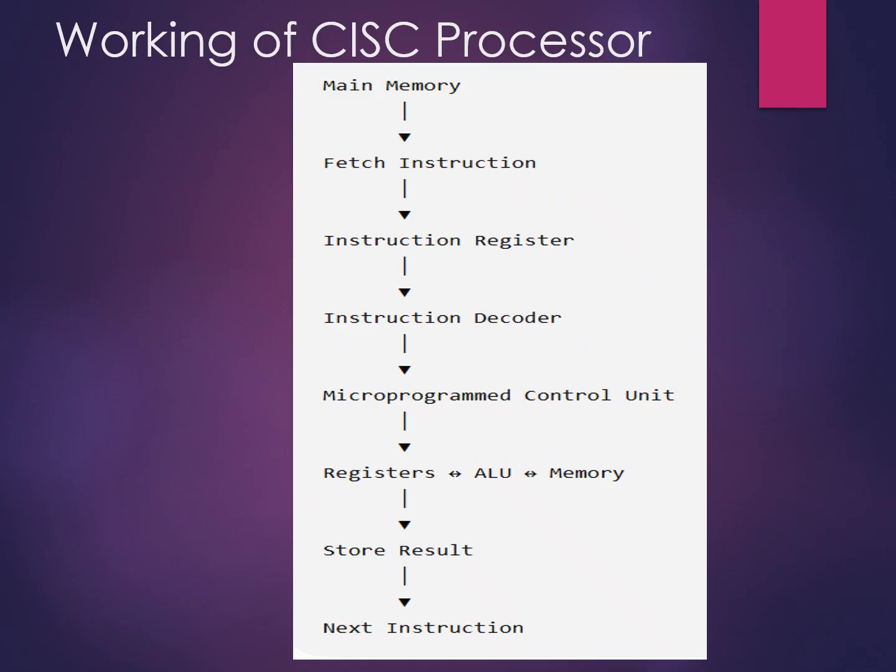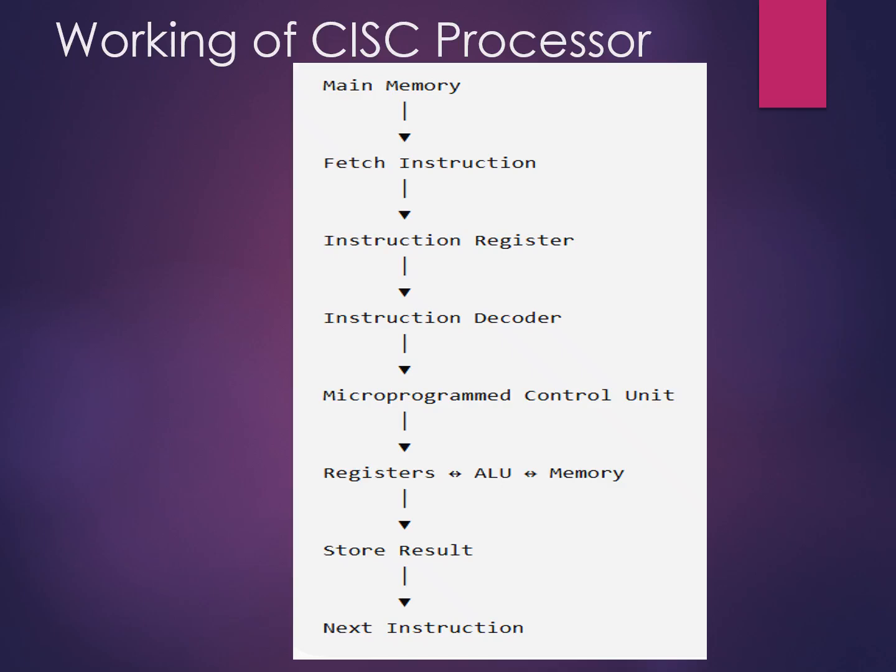Working of the CISC processor. How does the CISC processor work? The processor follows several steps. Only by these steps can processes work properly inside a CISC processor. So what are they? The instruction is fetched from the main memory.